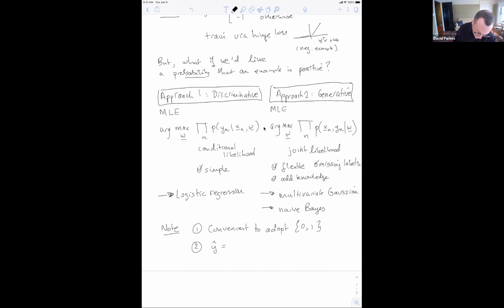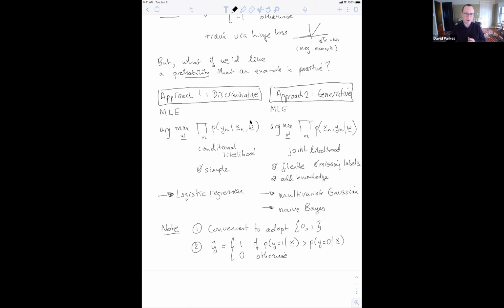We would say that a new example is 1 if the probability of 1 conditioned on features X is greater than the probability of 0 conditioned on features X, and 0 otherwise.